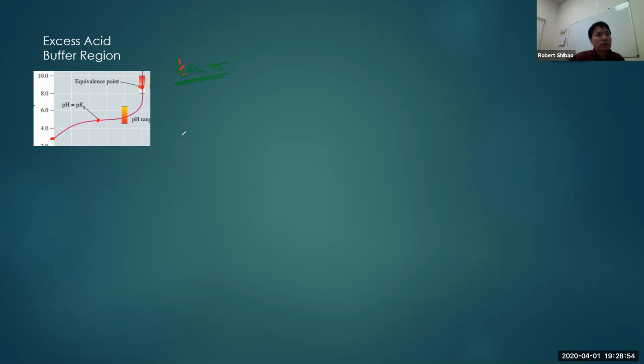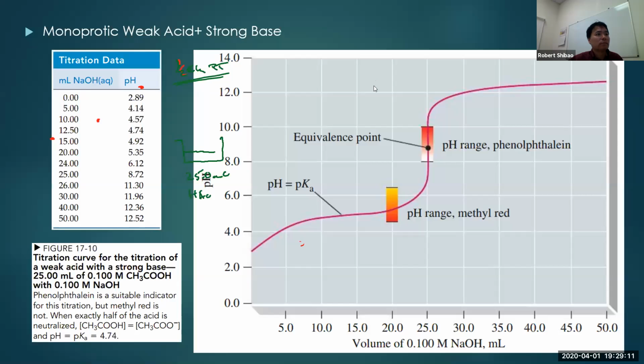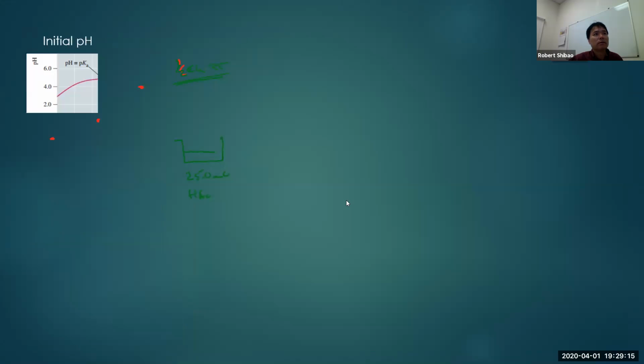The titration was this. We're titrating in the beaker here 25.0 milliliters of acetic acid. What's the molarity of that acetic acid? Shoot. Take a look at the molarity. 0.100 and 0.100. Good.